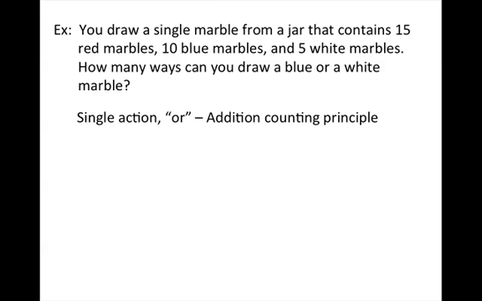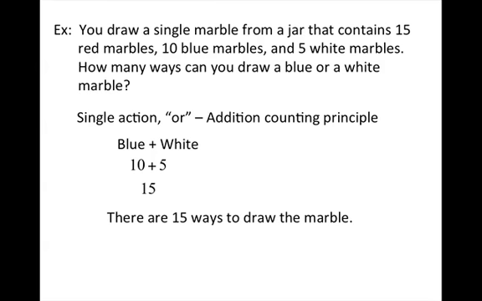I want to find the number of ways to draw a blue or a white. So I'm going to use the addition counting principle. I take the number of blue marbles and add it to the number of white marbles. There were 10 blue and 5 white, so there's 15 ways to draw a blue or a white marble.